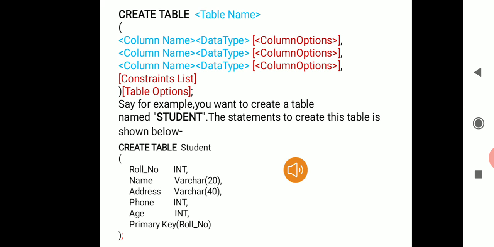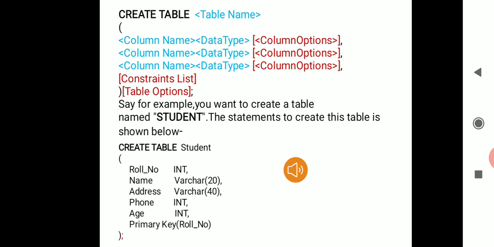This statement primary key roll makes roll the primary key. Here the primary key is for the constraint in the syntax above. Then the next line ends the table with a closing bracket and a semicolon.